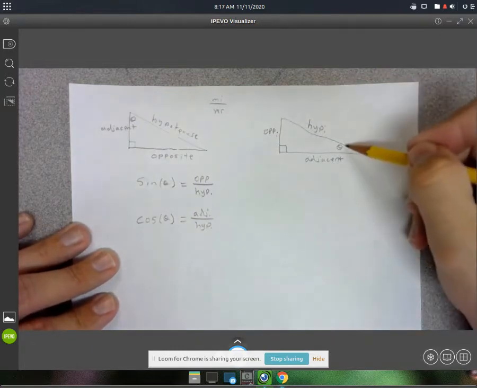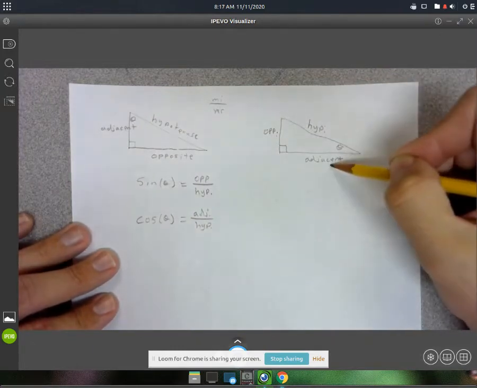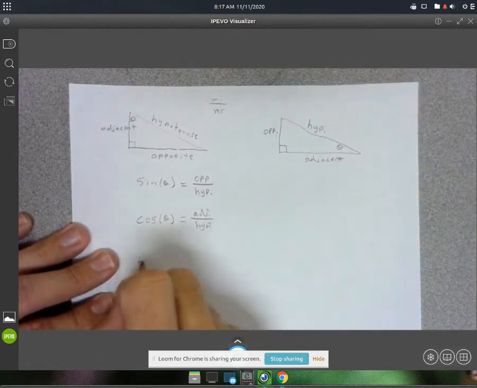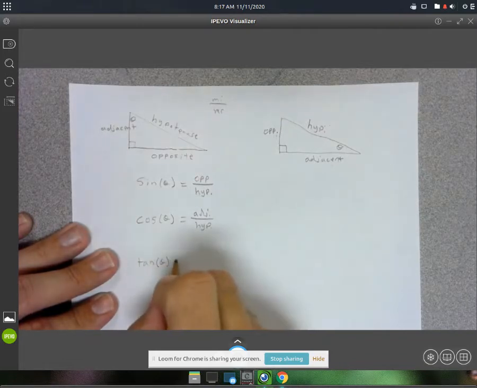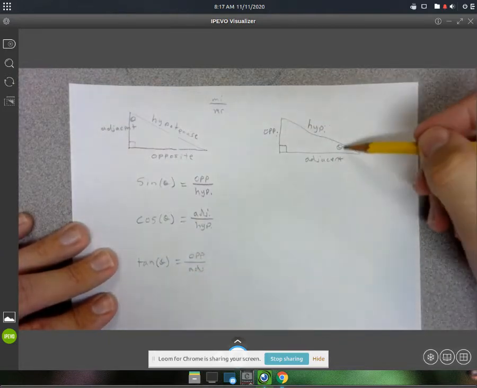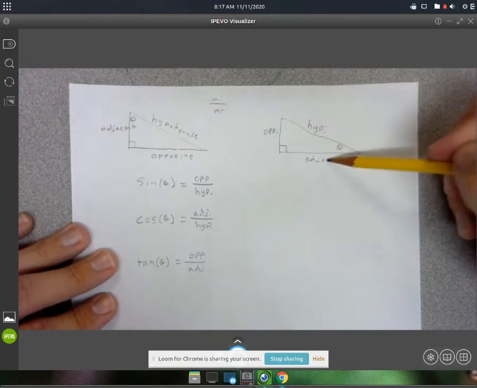Again, if we were at this angle, it would be whatever this side is over the hypotenuse. And then the third one is tangent. Tangent of theta is defined to be opposite over adjacent, so whatever this side is over that side.